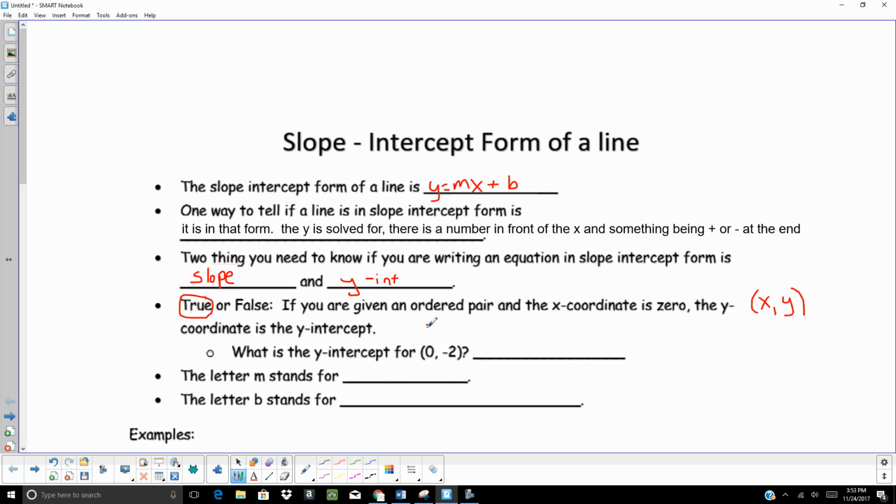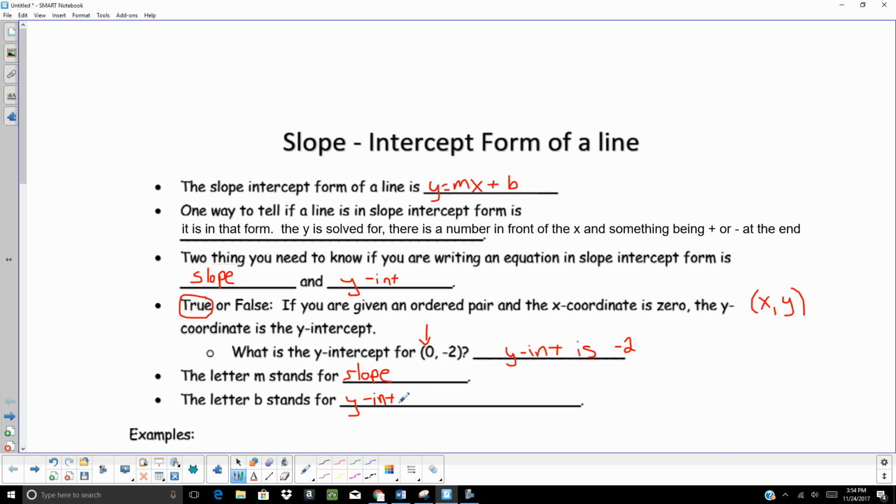So in this case, that first number is a 0. My y-intercept is -2. The letter M stands for slope. The letter B stands for y-intercept.